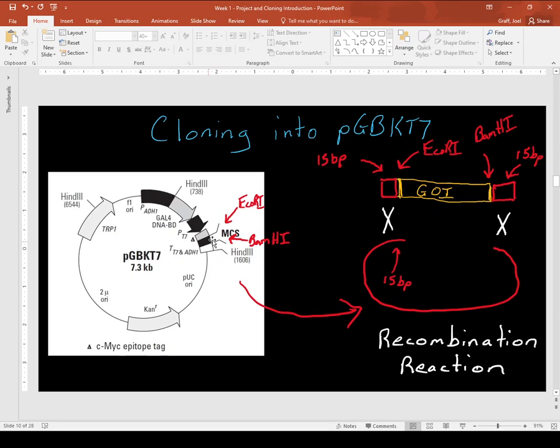Plasmids are circular, and we cut the plasmid open by using two different molecular scissors. One's called EcoRI and another's called BamHI, which are both located in this MCS, which stands for multiple cloning site. If we open up this plasmid with EcoRI and BamHI cuts, we can then mix that cut plasmid with the gene of interest with the flanking sequence, and these white X's here are shorthand that mean recombination reaction.